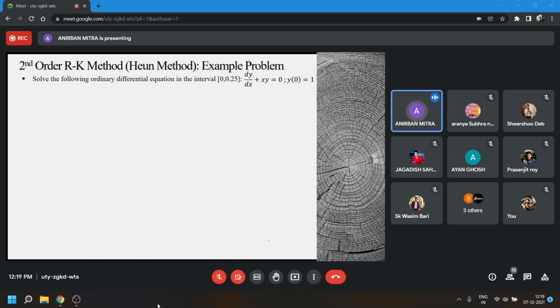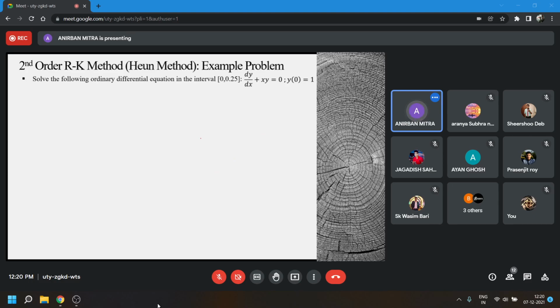This is the same problem that was given for the Euler method, and you can see the same ODE, dy/dx plus xy equal to 0, and the initial condition y0 equal to 1.